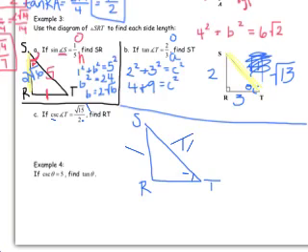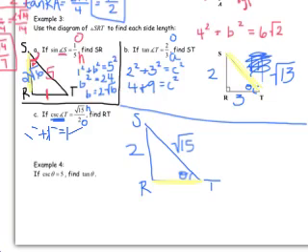Since I want to find RT, which is the side that I don't know, once again I'll have to do Pythagorean theorem. So 2 squared plus b squared equals root 15 squared. So that's 4 plus b squared equals 15, so b squared is 11, square root of 11 is the final answer.